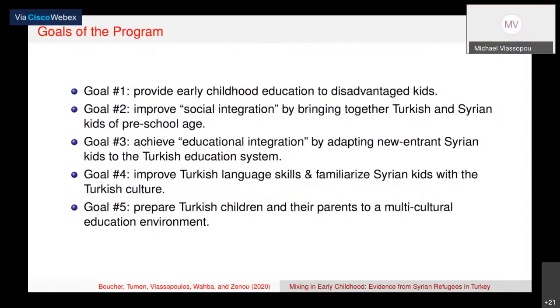The goals of the program are to provide early childhood education to disadvantaged kids and to improve social and educational integration, as well as to prepare Turkish children and their parents for the multicultural educational environment that they would embark on once they start school.